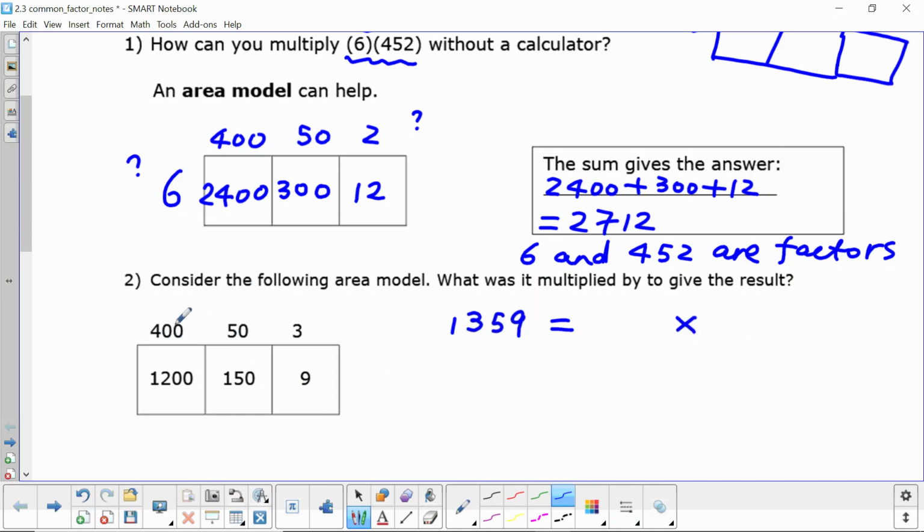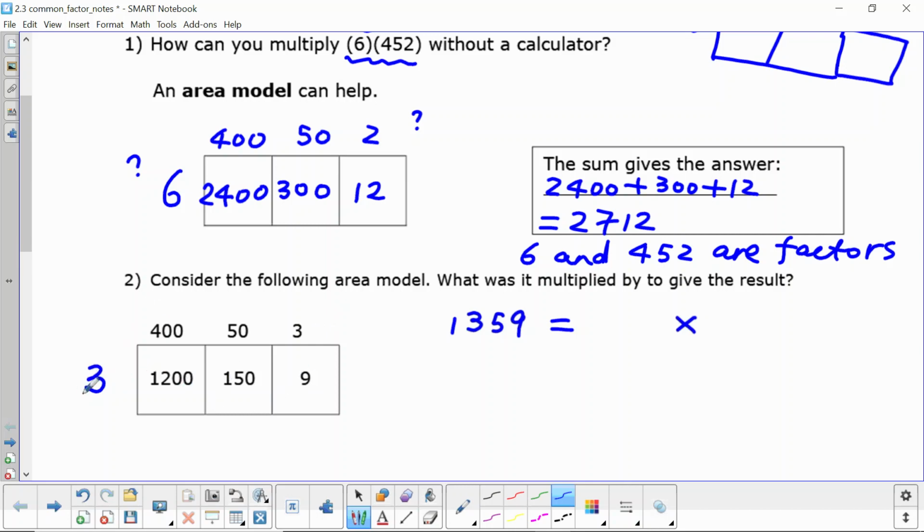So one side is given, 453, and we want to find the other side to get this area. Which number times 400 gives you 1200? We do the division, you have 3. Then we check: 50 times 3 gives you 150, and 3 times 3 gives you 9.